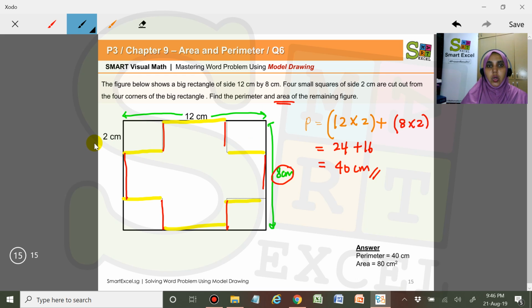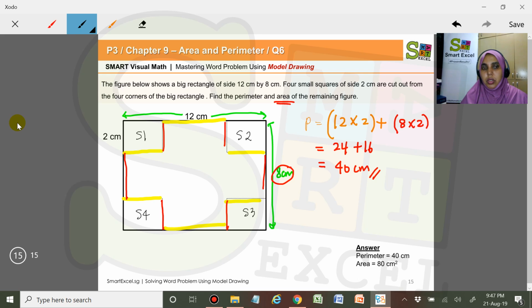So let's call this part here S1, this is S2, S3, S4.